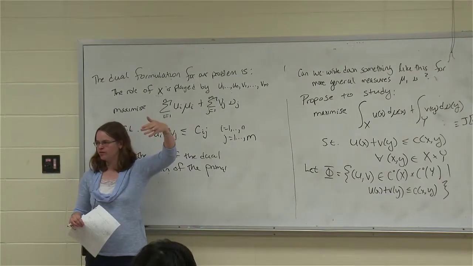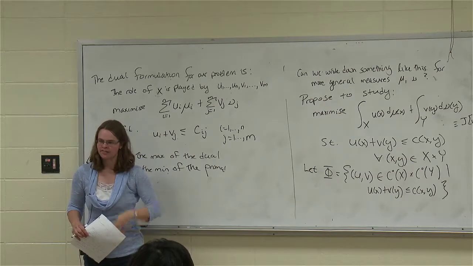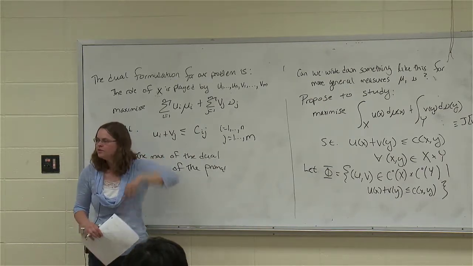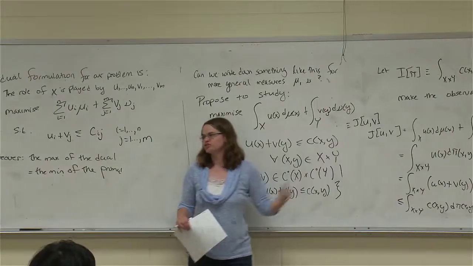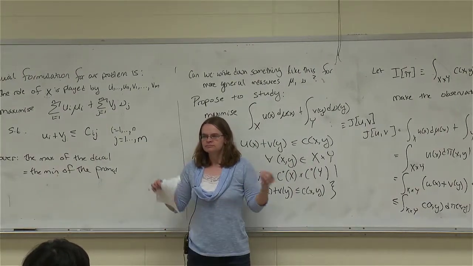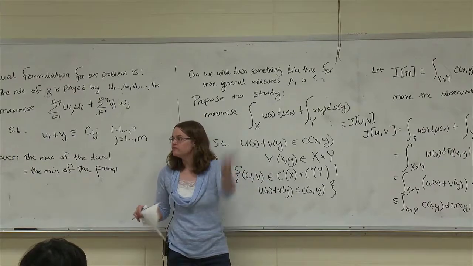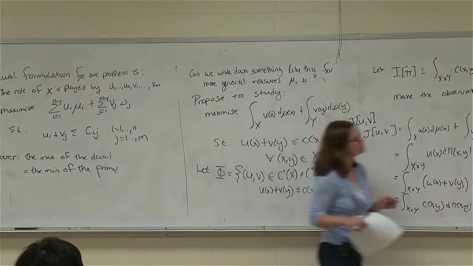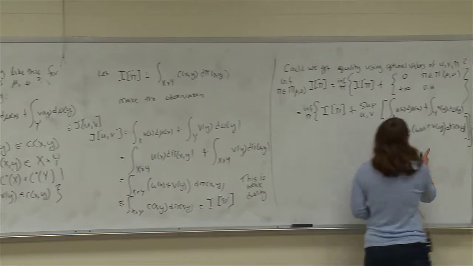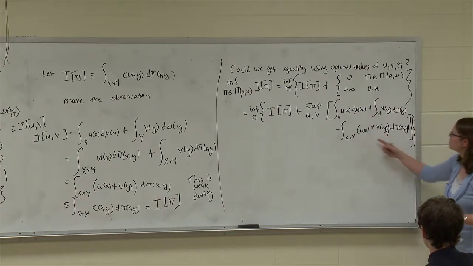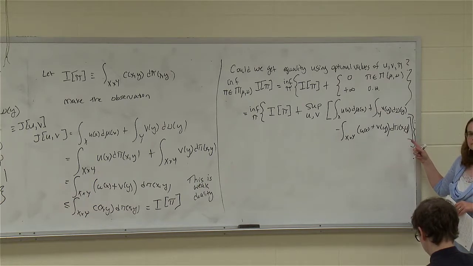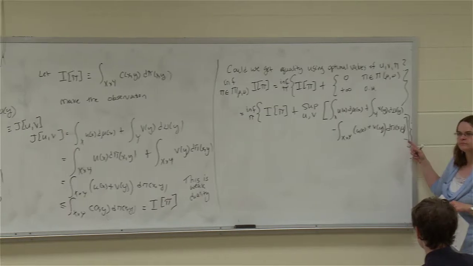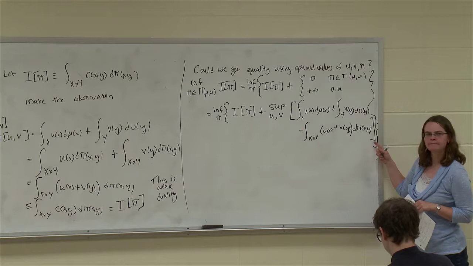All of a sudden I've doubled the value. Or replace it by 1,000 times u, 1,000 times v. I've brought the value up by 1,000 times, and I can make this value as large as I want just by taking a u and v and rescaling them. So this whole thing I claim is unbounded if we don't have the correct marginals. Do we believe that?